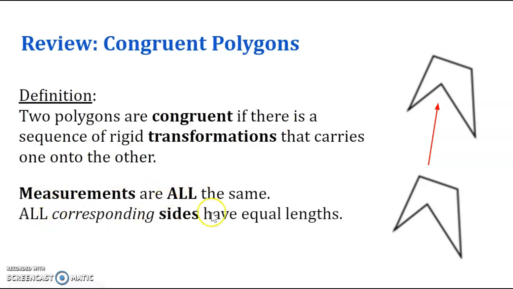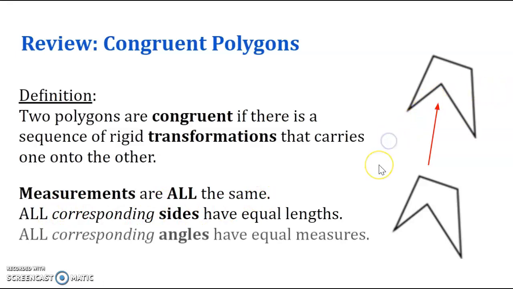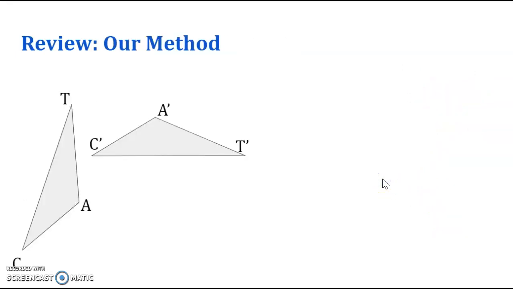So that means all corresponding sides have equal length and all corresponding angles have equal measure. So this side on the left corresponds to this side on the left on the bottom. They would have equal length, as would all the other corresponding angles and sides. Now let's bring that to a triangle.